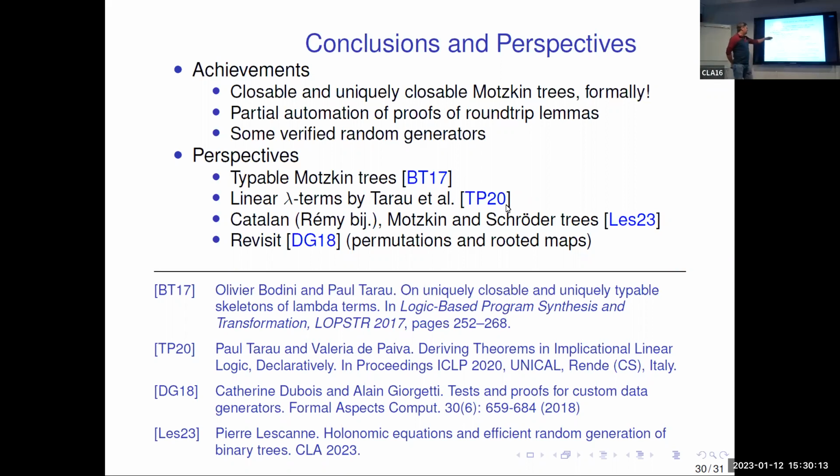We are very interested in looking at what Pierre Lescanne presented before, so Catalan, Motzkin, and Schroeder trees. And something interesting would be to revisit the work of Catherine Dubois and Alain Giorgetti about the permutations and rooted maps, and see how the tools we presented here for closable Motzkin trees could be reused.